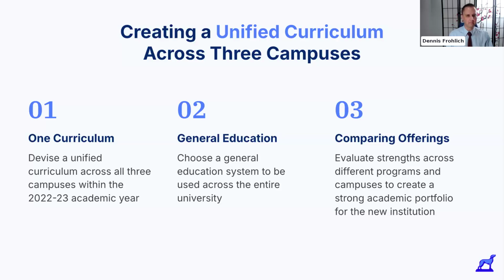We merged together in summer 2022 and had one academic year, maybe a little bit more if you count the next summer after that, to get this curriculum in place.